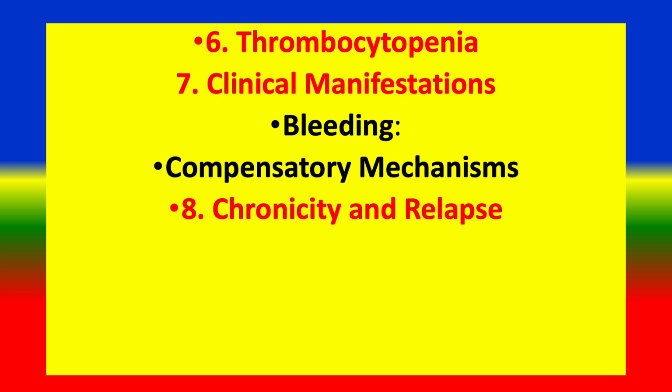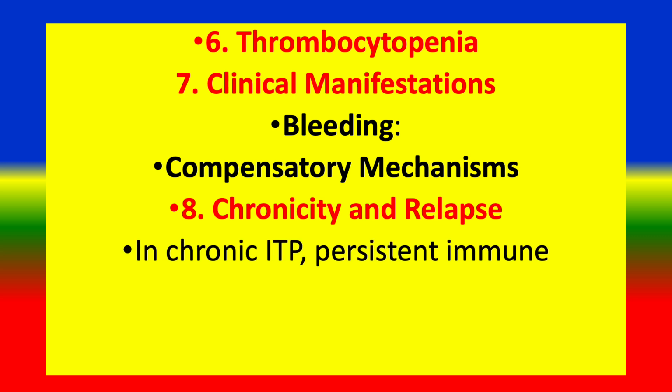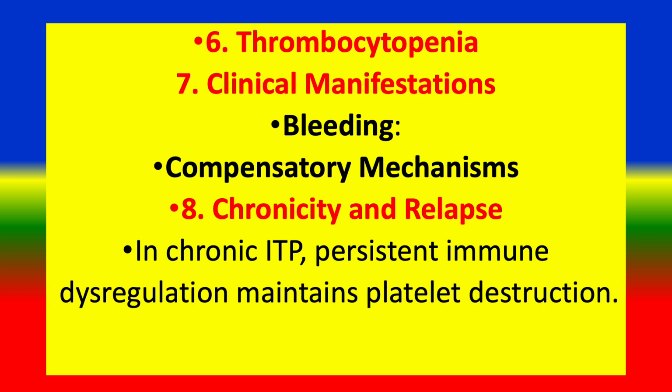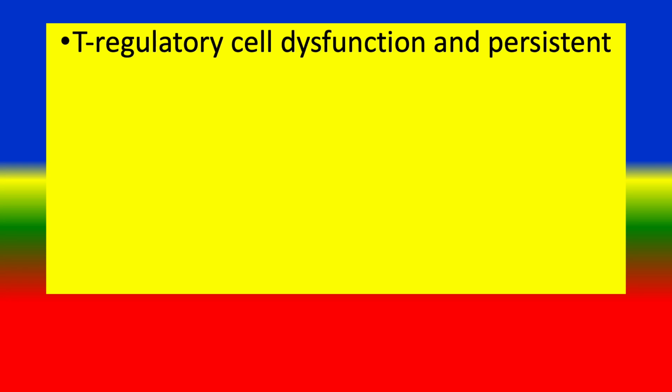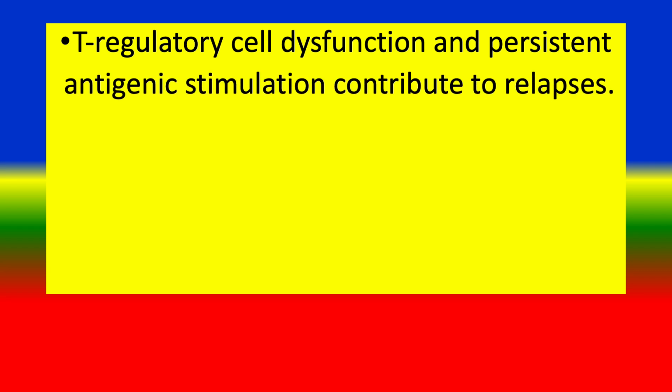Chronicity and relapse. In chronic ITP, persistent immune dysregulation maintains platelet destruction. T regulatory cell dysfunction and persistent antigenic stimulation contribute to relapse.